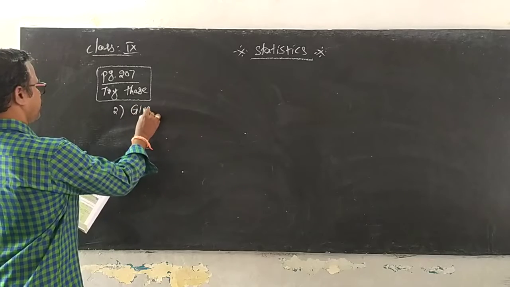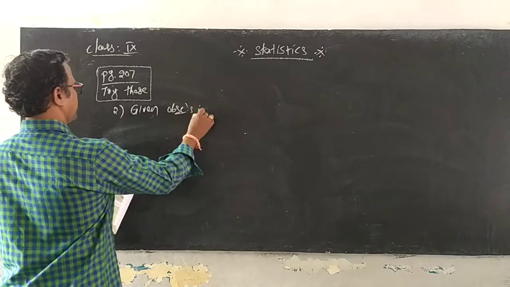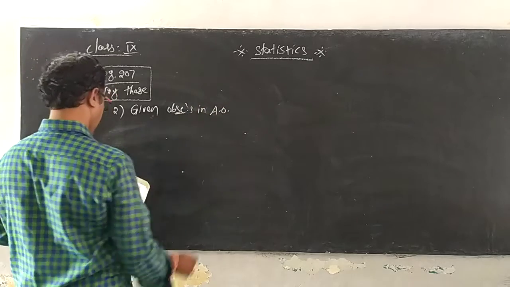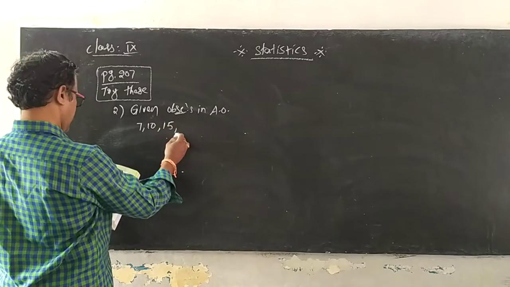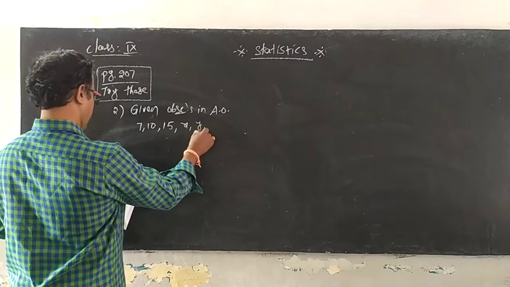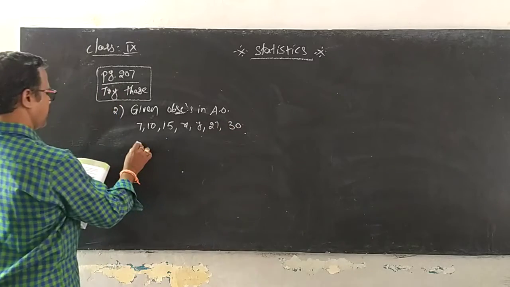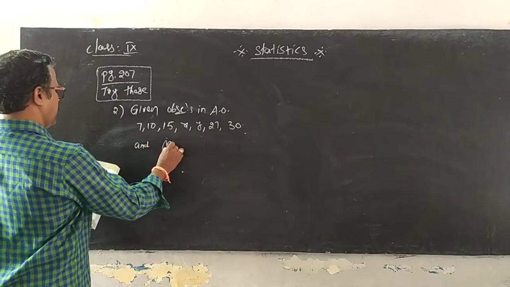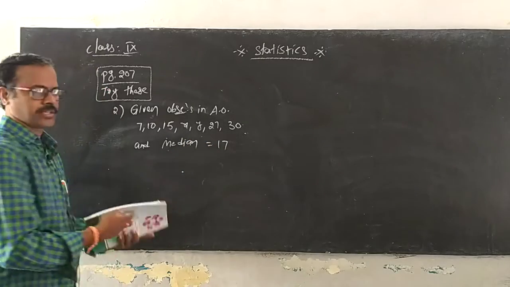Given observations in ascending order 7, 10, 15, x, y, 27, 30 and the median is equal to 17.